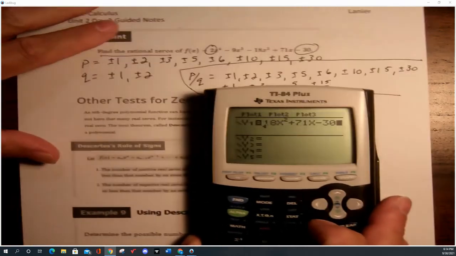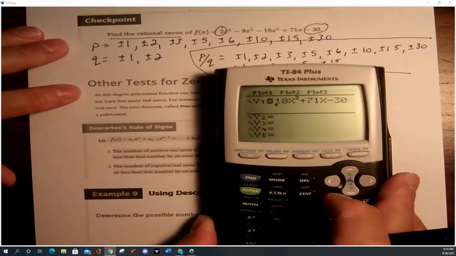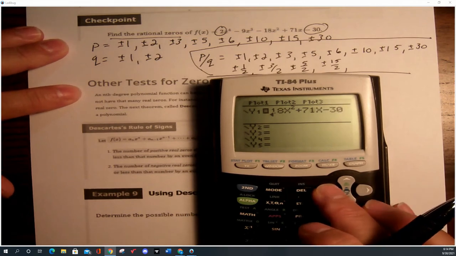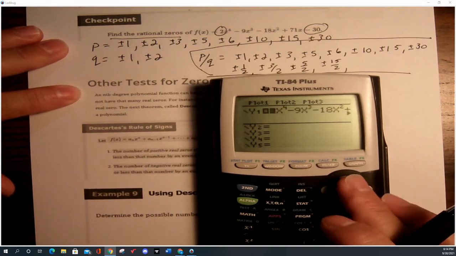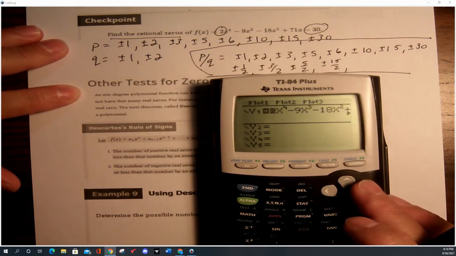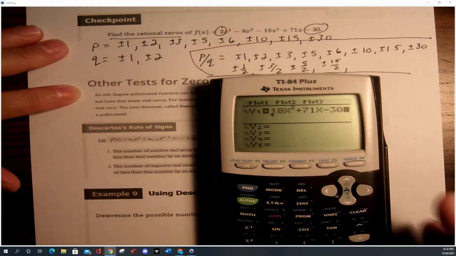I know you can't see that very well because that light was just blinding it. All right, so I'm just going to double check, make sure I typed in everything correctly. All right, so I have 2x to the 4th minus 9x to the 3rd minus 18x squared plus 71x minus 30. Perfect.